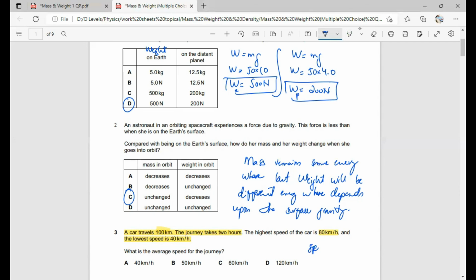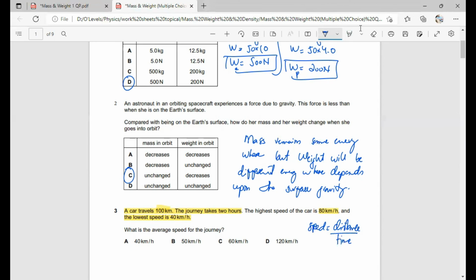Speed is equal to distance over time. Distance is 100, time is 2 hours, so this is 50 kilometer per hour. Simple measurement question. Okay.